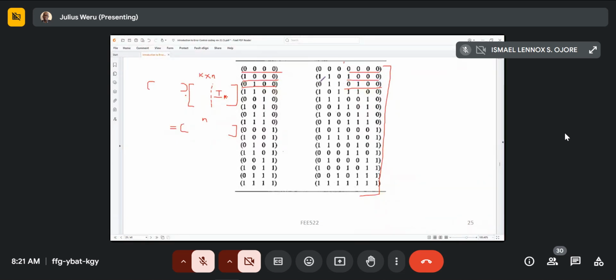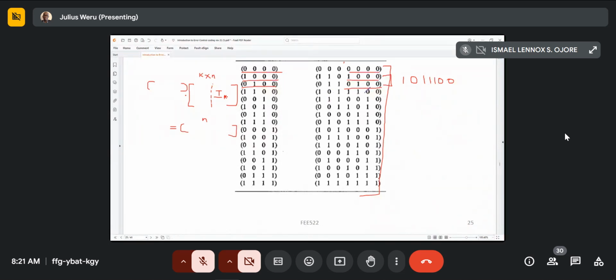You're going to get 1, 0, 1. If you add these two, you'll get 1, 0, 1, 1, 1, 1, 0.